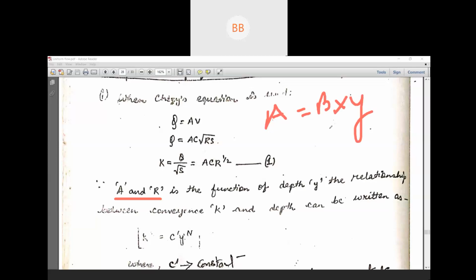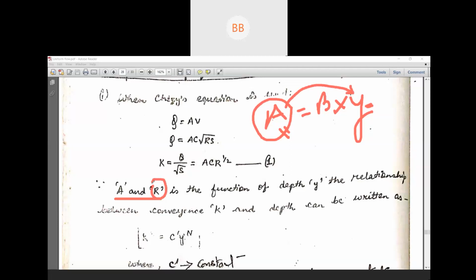So if you change the y value, your area will change for the same cross section, or for the same channel. If there is a difference in depth of flow, our cross sectional area is also changing. So that is why our area is a function of y.